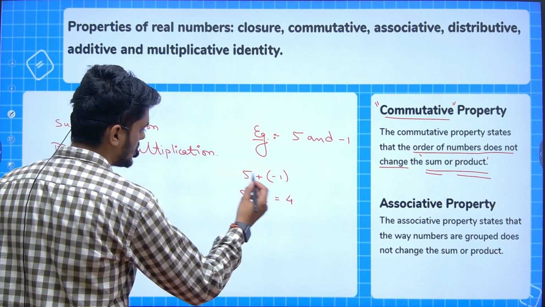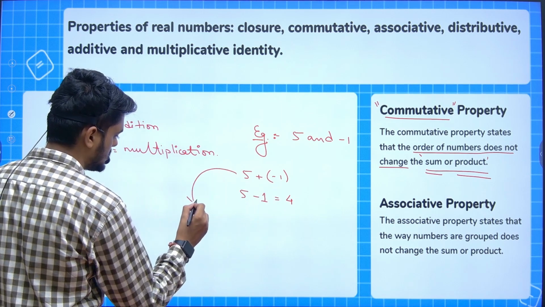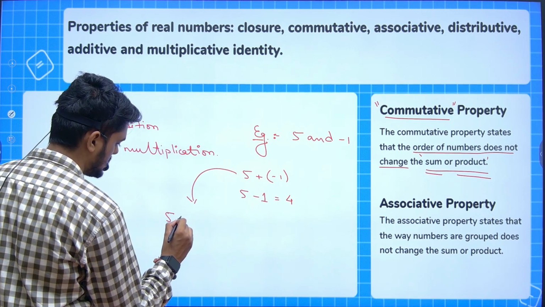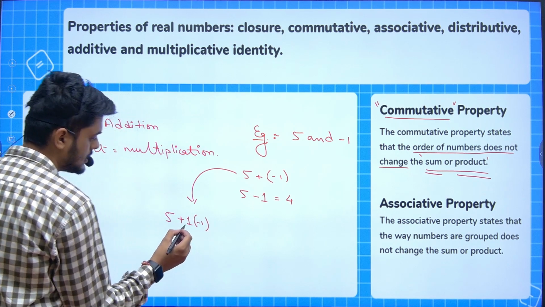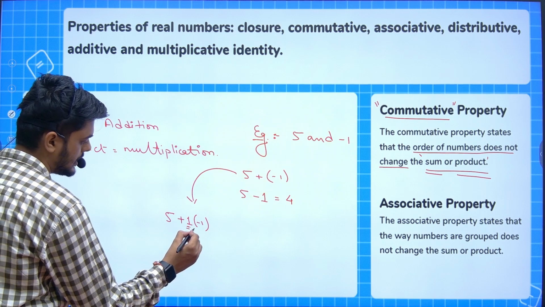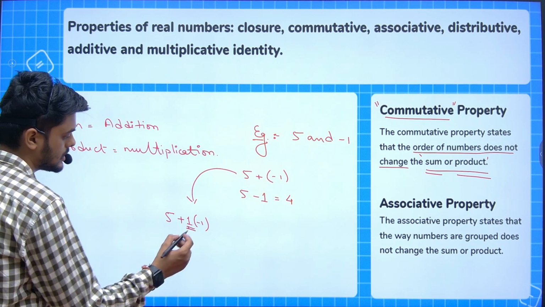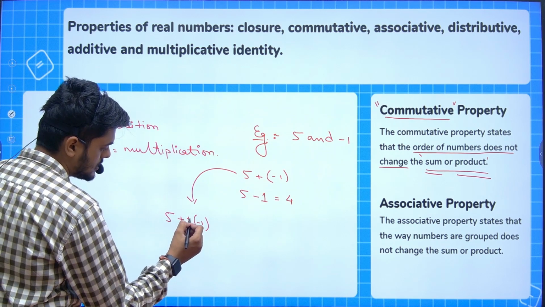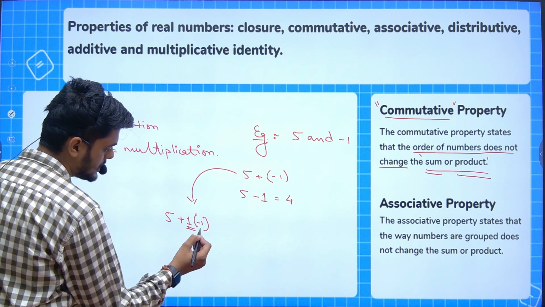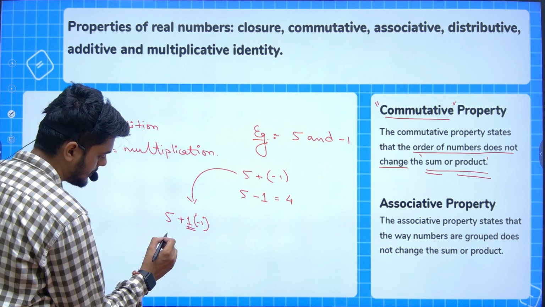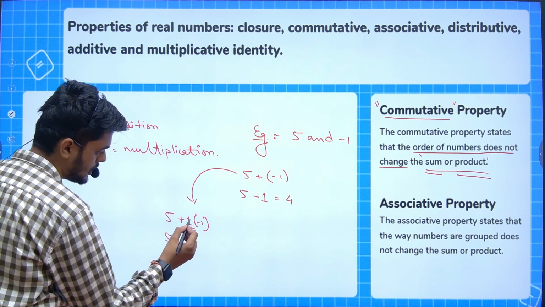Now how does this happen? It is basically written as 5 plus of minus 1, where the 1 is hidden over here. To open this bracket, we multiply the inner quantity with 1 with the operation.